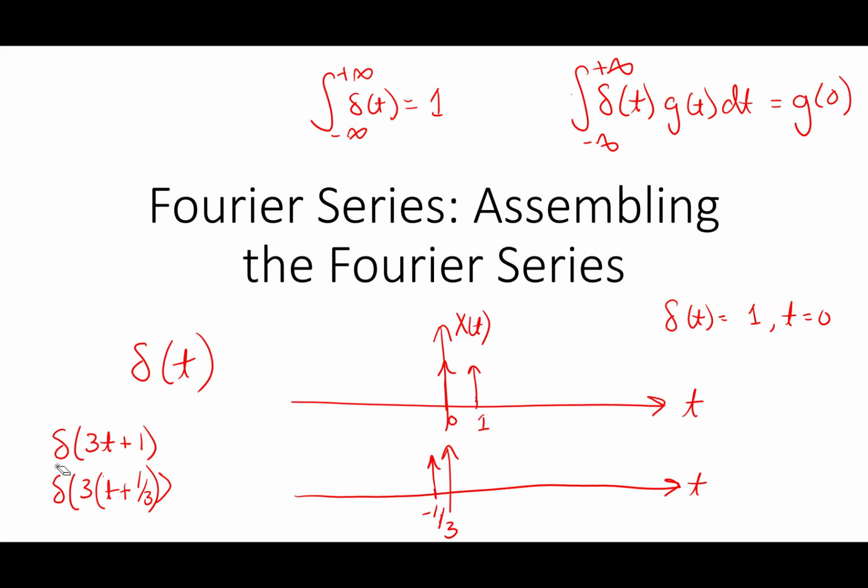And I said I wanted to do x of 3t plus 1. That could be compacted, couldn't it? What would I do here? A big number, a number bigger than 1. Was that a compacting or an expanding? It's a compacting. And it compacts it by a third.